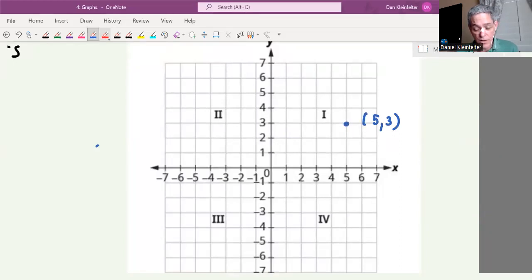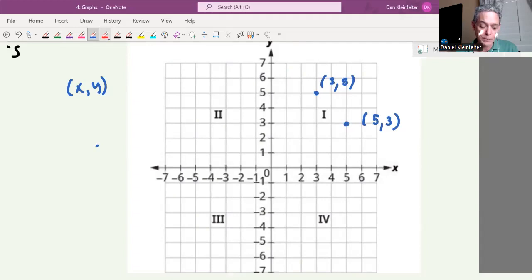Note that that's different from the pair 3, 5, which would be 3 on the X number line and 5 on the Y number line. When you're making an ordered pair, the order matters. The X always comes first, the Y will come second. So the first one I drew, 5, 3, that's an X of 5 and a Y of 3, different from saying X is 3 and Y is 5.